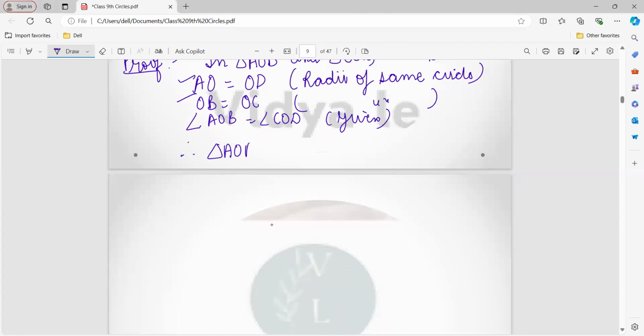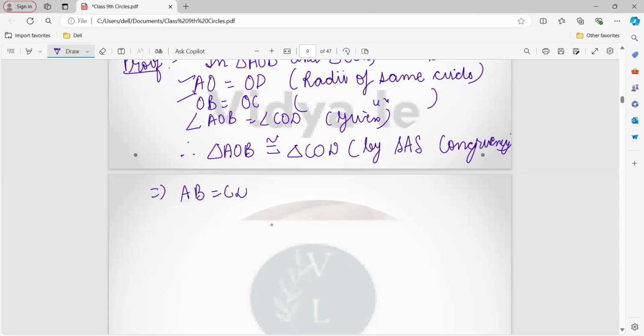Triangle AOB is congruent to triangle COD by side angle side congruency. And if the two triangles are congruent, their corresponding parts are also equal. So we'll write by CPCT.